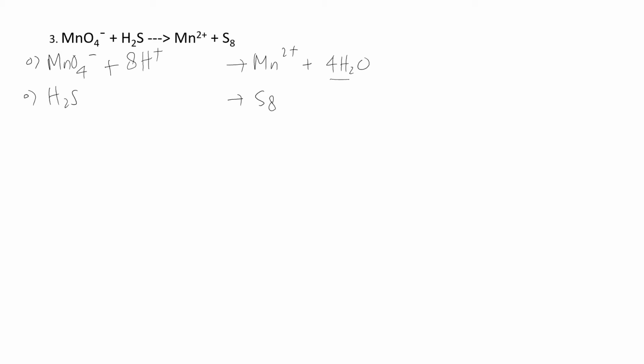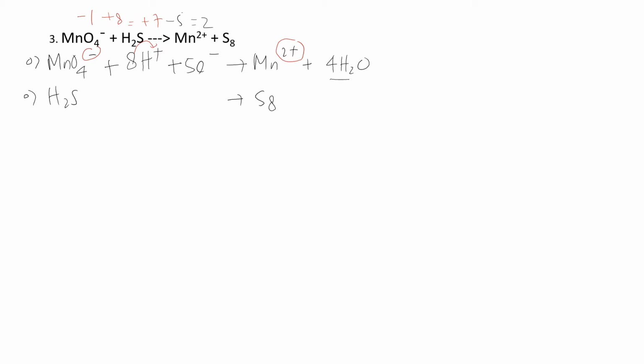On the left, we have the charge -1 and 8 times +1. So the total is -1 plus 8, so the total is +7. Here we have +2. So we need to add 5 e minus, so it becomes +2, the same charge.